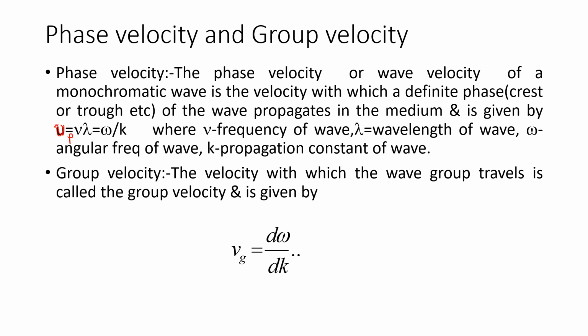I am only changing the notation here. Vp is phase velocity and Vg is group velocity. u is replaced by Vp. Only the notation is changed and nothing else. Vp is u, the phase velocity or wave velocity.